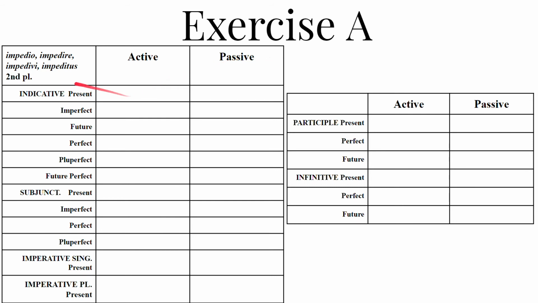So, let's start with impedio, impedire, impedivi, impeditus. This is a fourth conjugation. I can tell by the endings of the principal parts: io, ire in the second principal part, and then i, and then us. So the present stem, like the third and third io, is found by chopping the o off the first principal part, impedi, and then adding the proper endings.